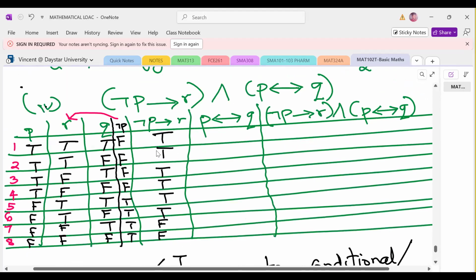So line 1, do we put a T or an F? Remember this is P if and only if Q. T, because P is T and Q is also T, right? And then line 2.